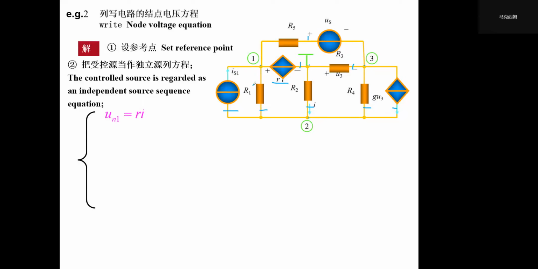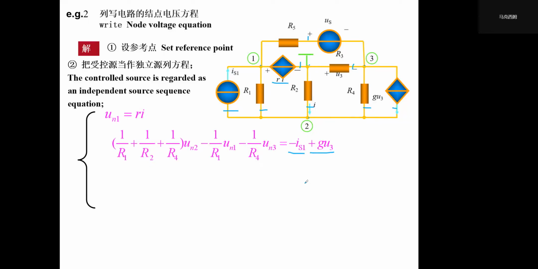So negative 1/R1 is the cross conductance between 1 and 2, and negative 1/R4 is the cross conductance between 2 and 3. And there are two current sources at point 2. We see IS1 goes out, so we give it a negative sign, and IS3 goes in, so we give it a positive sign.